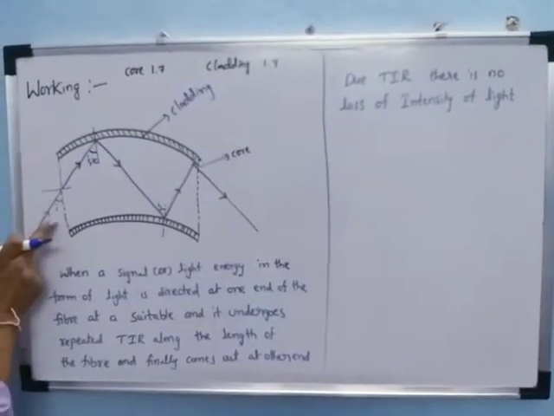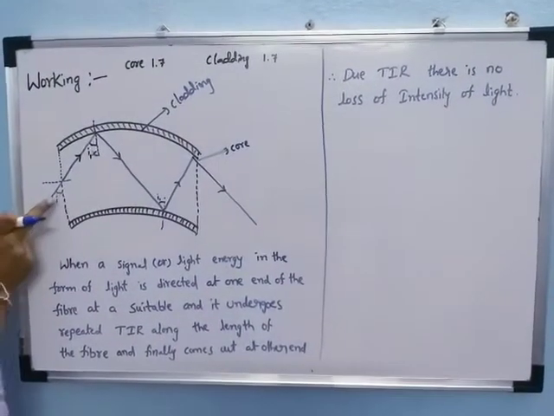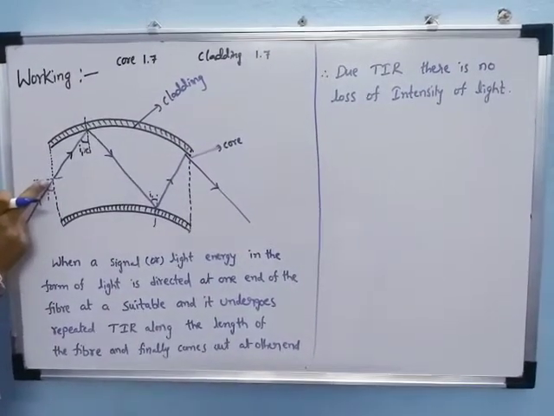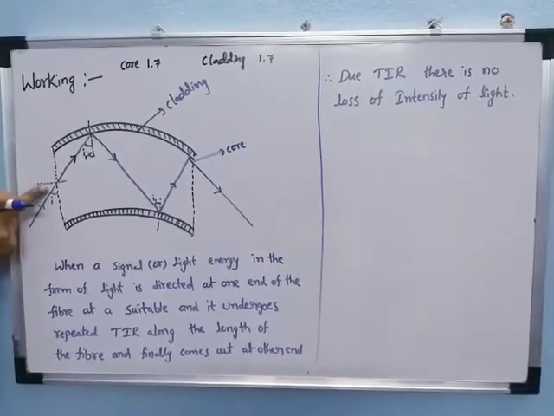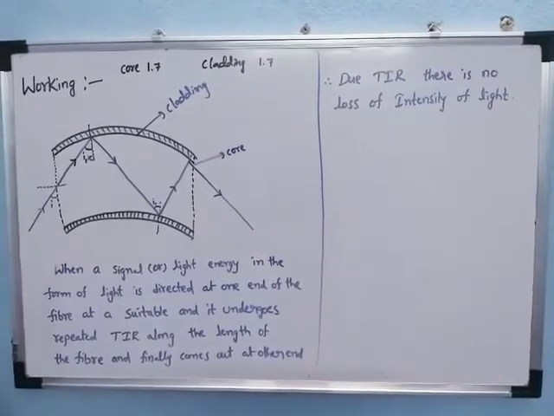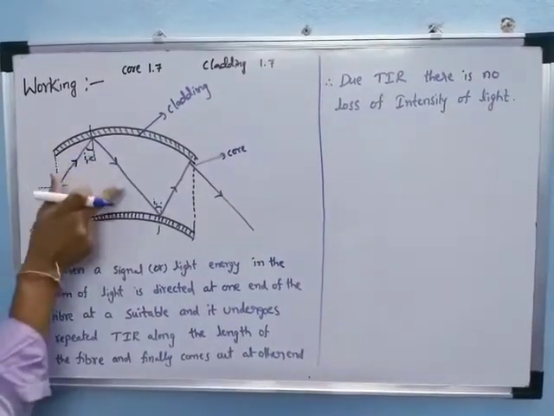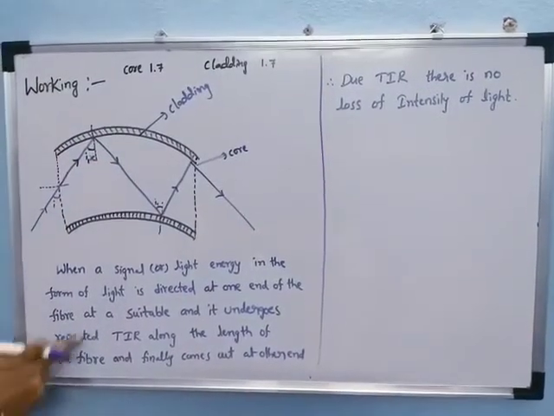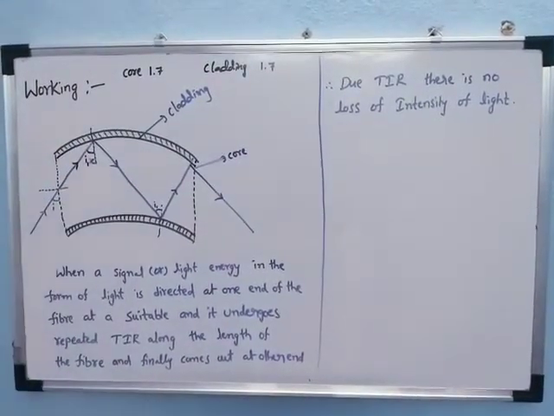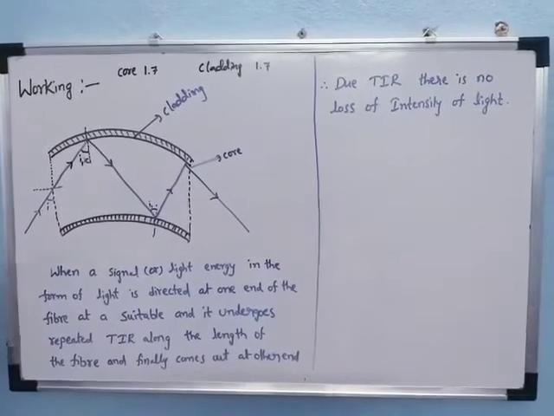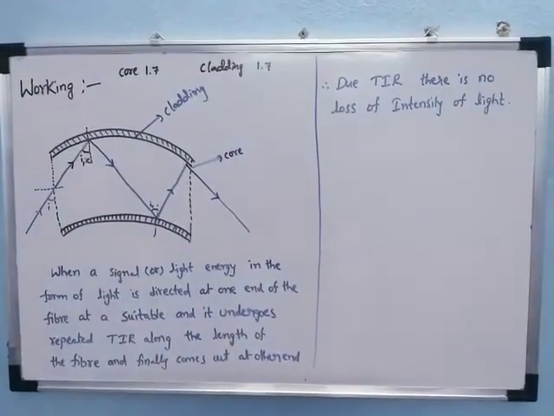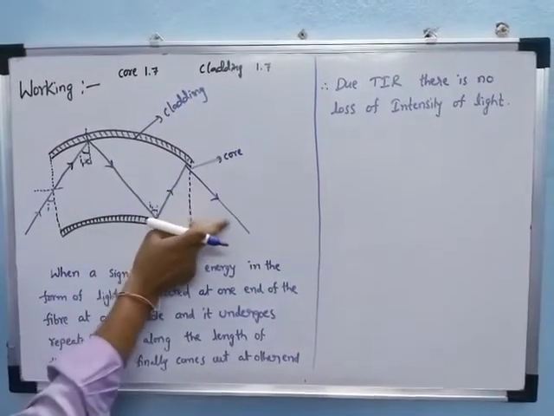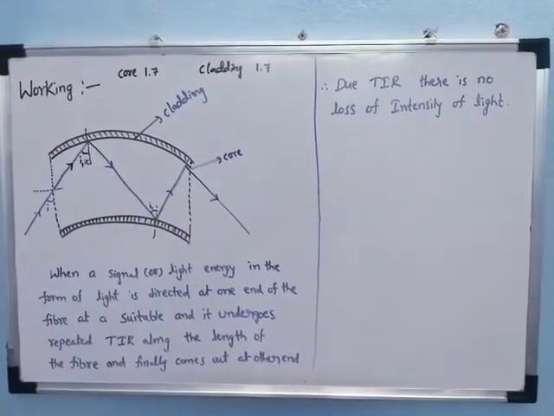When a light or signal in the form of light is directed at one end of the fiber, it undergoes repeated total internal reflection along the length of the fiber and finally comes out at the other end.